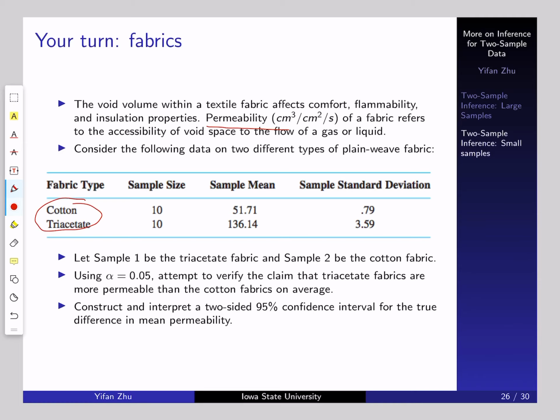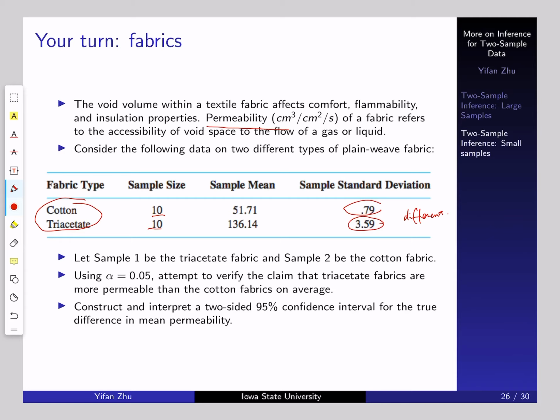And the sample size for both is 10. The sample standard deviation for cotton is 0.79, and the sample standard deviation for triacetate is 3.59. So they are obviously very different. They differ too much.